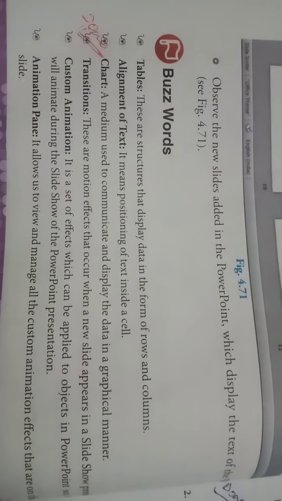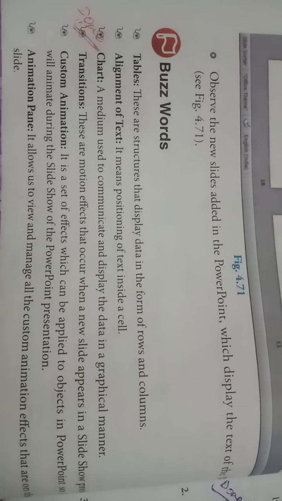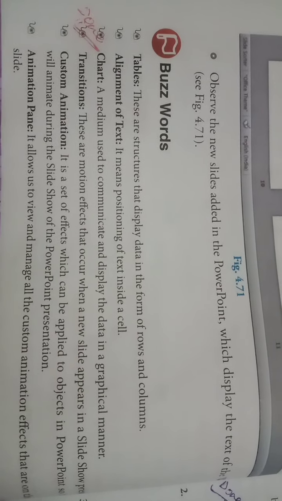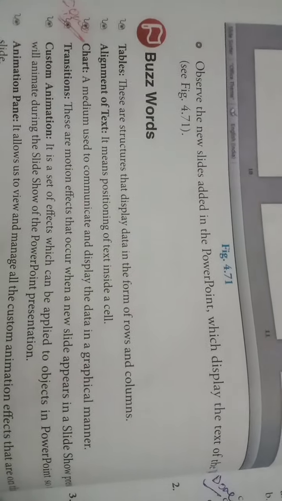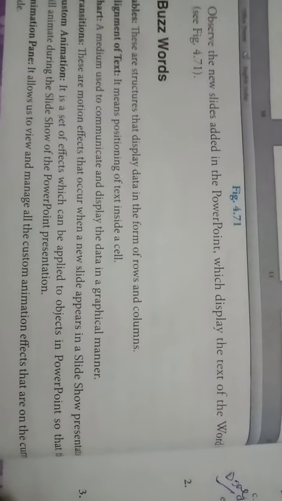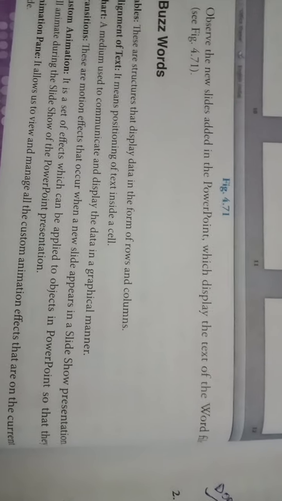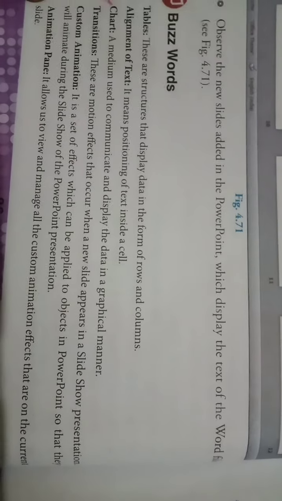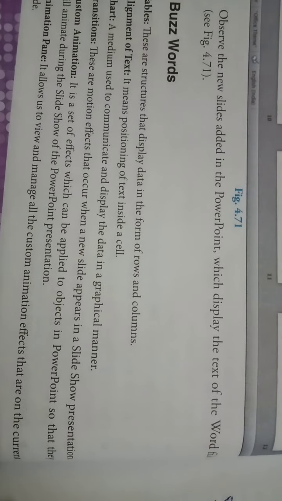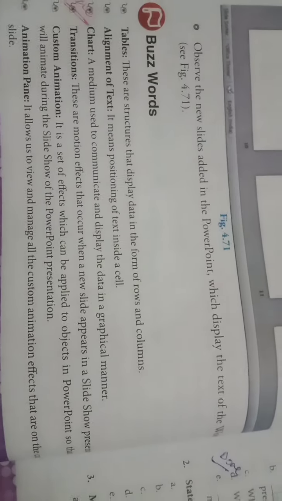Custom animation, it is a set of effects which can be applied to an object in PowerPoint so that they will be animated during the slideshow of the PowerPoint presentation.